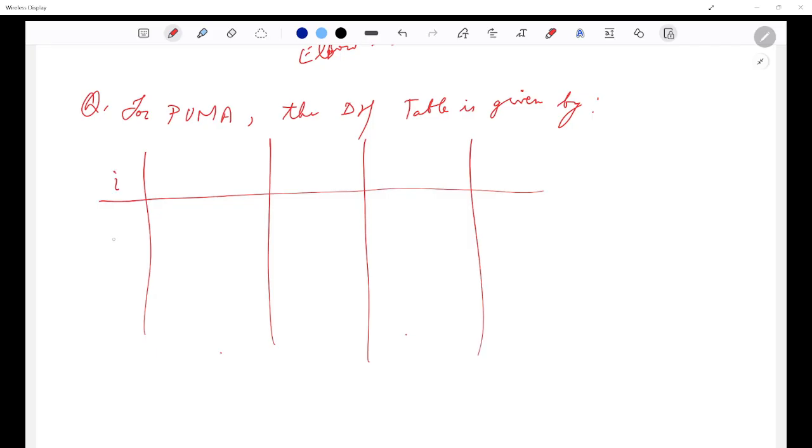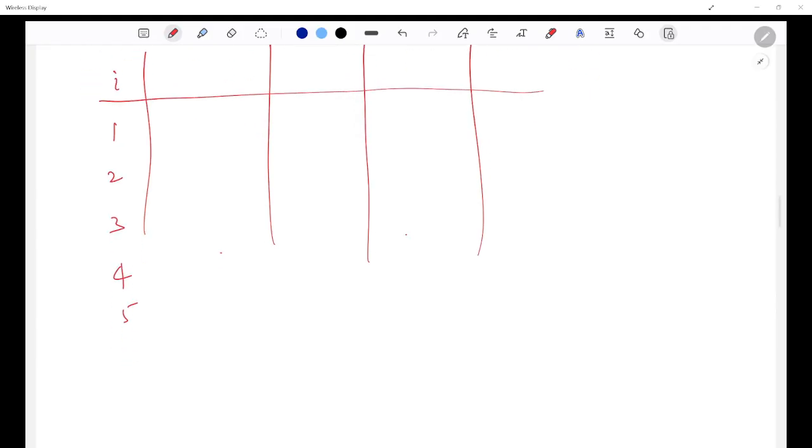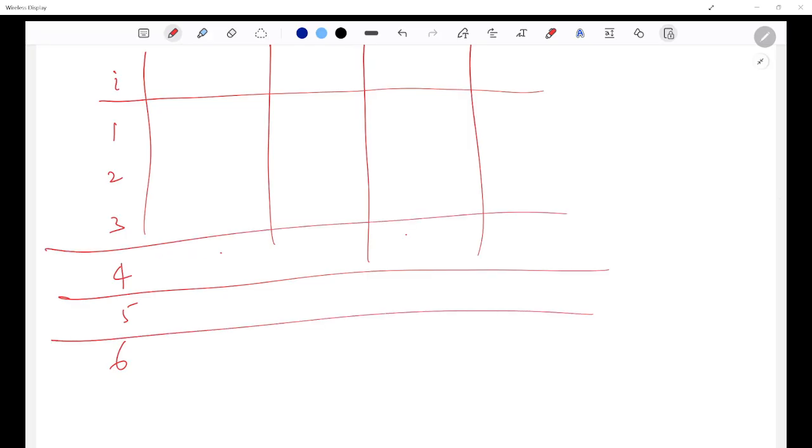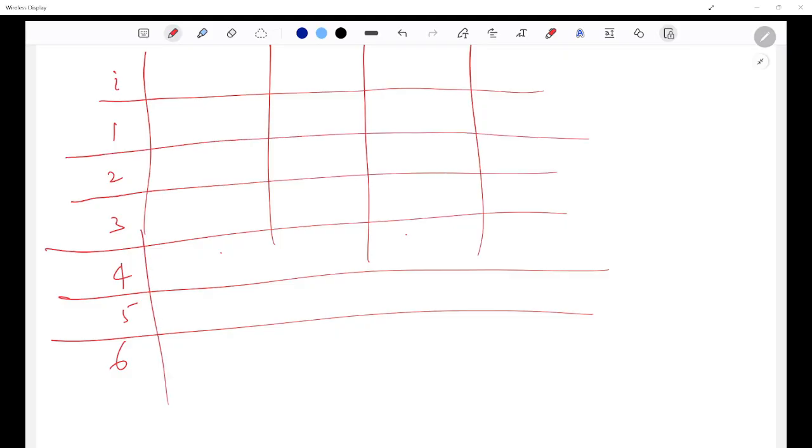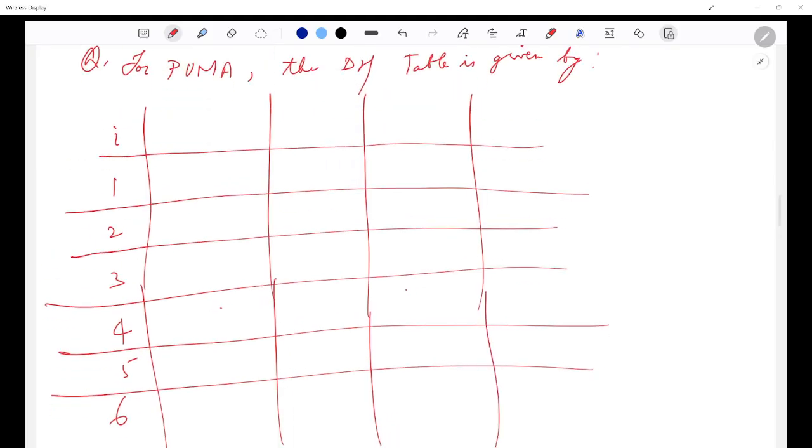This is i, 1 2 3 4 5 6. This is alpha i minus 1 in degrees. This is a i minus 1. This is d i, both of these are in meters, and this is theta i, again in degrees.